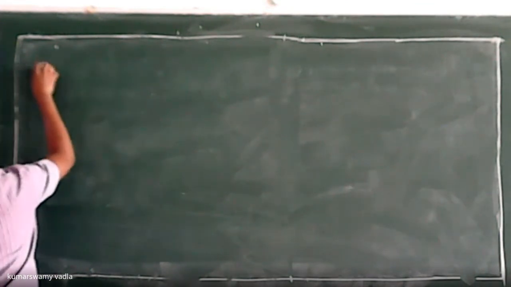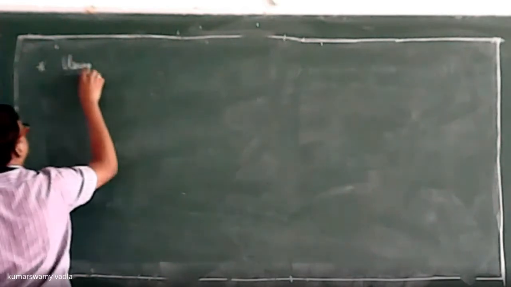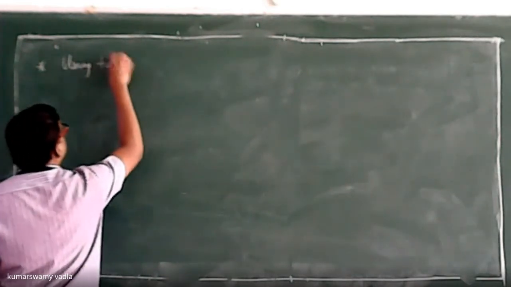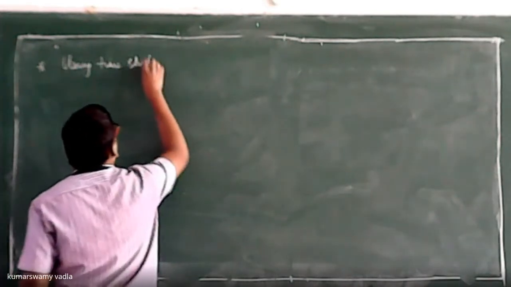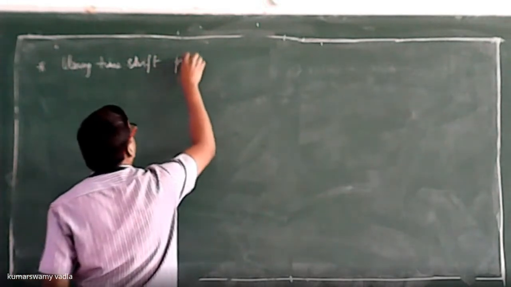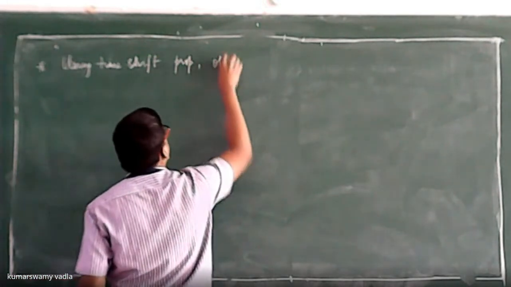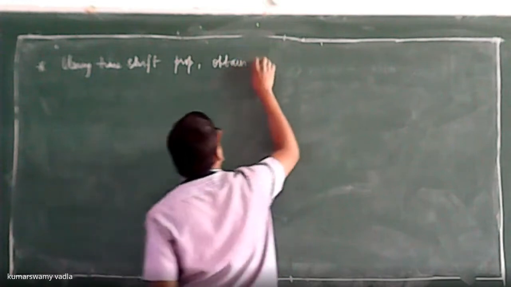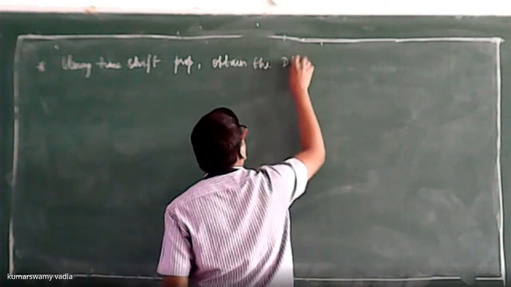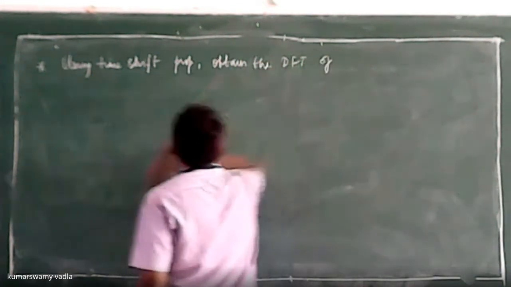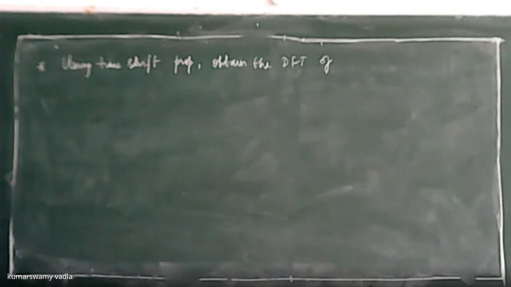Then the next numerical is, please note it down. Using time shift property, obtain the DFT of the sequence.